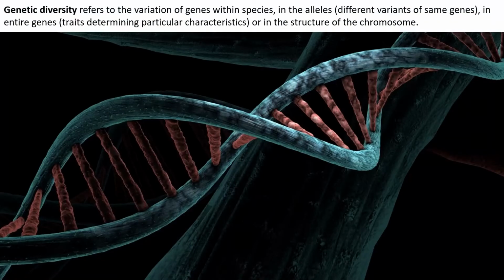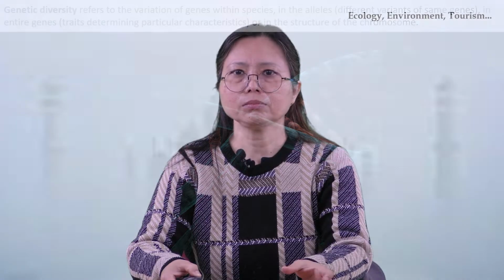Genetic diversity refers to the variation of genes within the species, in the alleles, that is different variants of the same genes, in the entire genes, that is the traits determining particular characteristics, or in the structure of the chromosome.